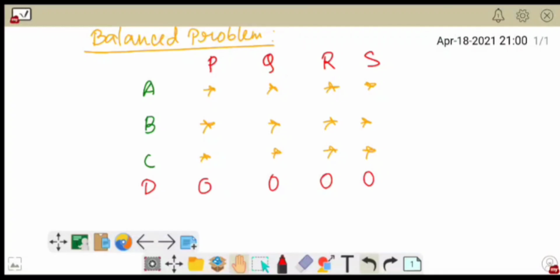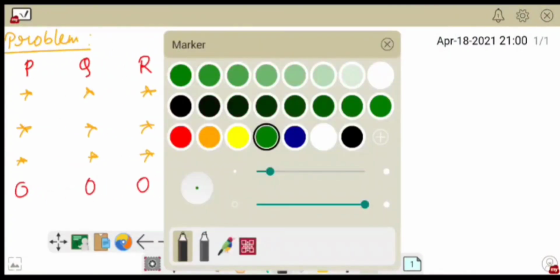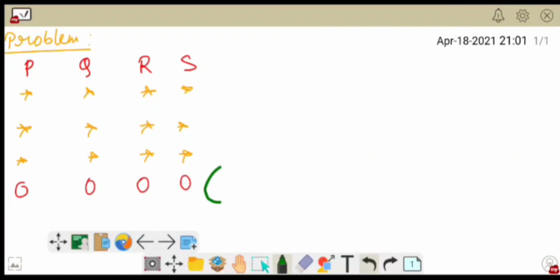But in this problem we took an example of four columns with 3 rows, so we have to add one more row to make the unbalanced problem into a balanced problem. Now you can see this is a balanced problem with 4 rows and 4 columns. The dummy row consists of 0 elements. So it is the dummy row.